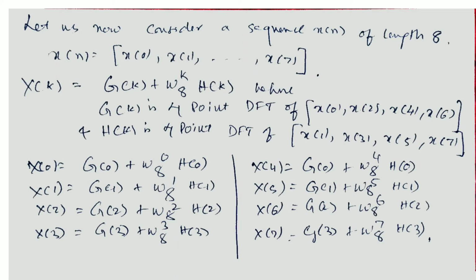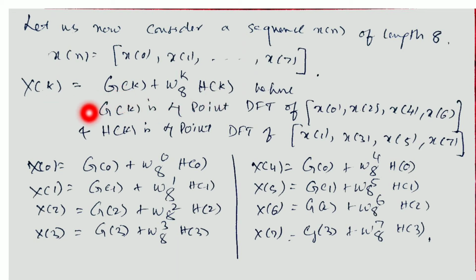Now let us consider a sequence x of n which is of length 8, that is x of n is equal to x of 0, x of 1, etc., up to x of 7. Now x of k, the 8-point DFT, is decimated into a summation of two 4-point DFTs.